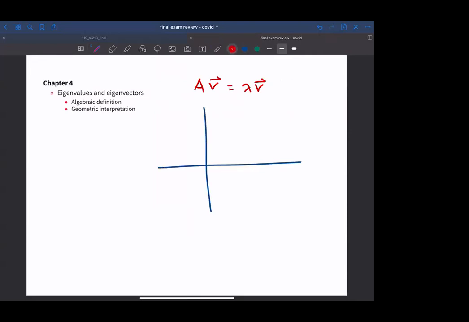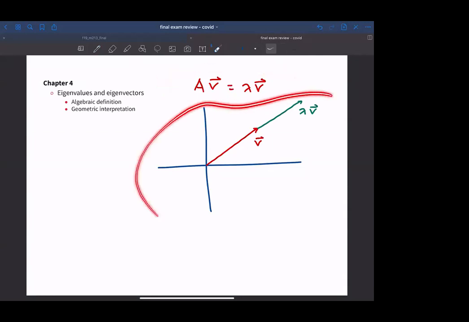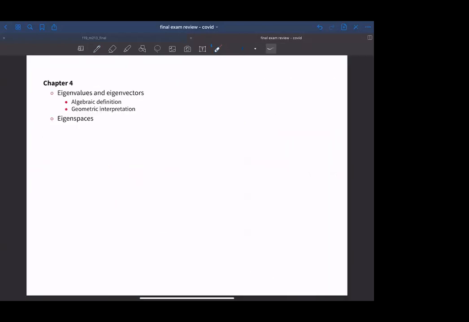Eigenvectors are vectors where, when they get multiplied by the matrix, they don't get rotated or spun or anything. What happens is they just get rescaled. So you should have the algebraic definition understood, but you should also have this geometric picture in mind.